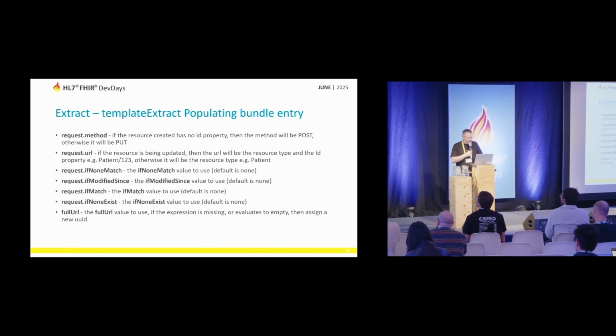So now controlling that bundle entry: using extract, it's going to create the bundle and put an entry in there. For that entry, put or post is the request method. If the resource being extracted has an ID in it, then that will be a put.